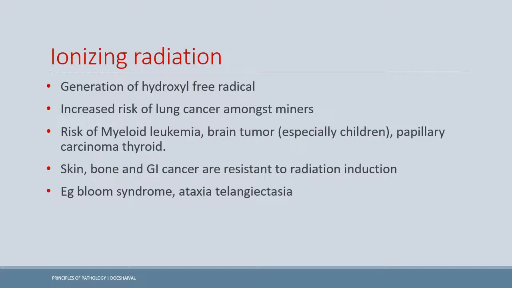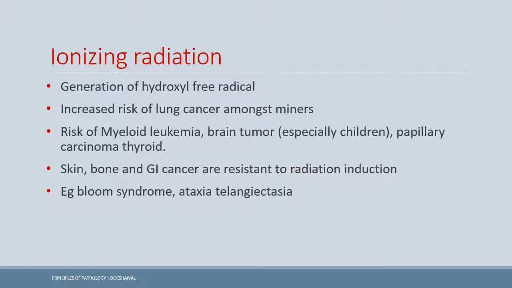Okay. Now, ionizing radiation. The basic mechanism behind ionizing radiation is that it generates the hydroxyl free radical. And hydroxyl free radical causes free radical injury, and it damages the DNA. That would cause defective DNA and hence increased propensity to cancer.